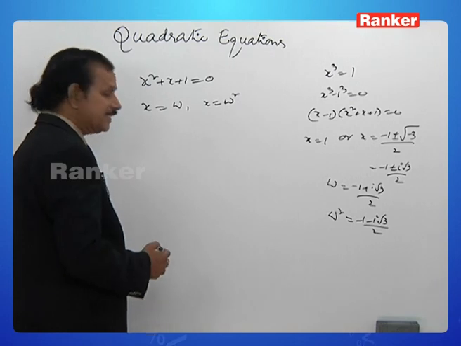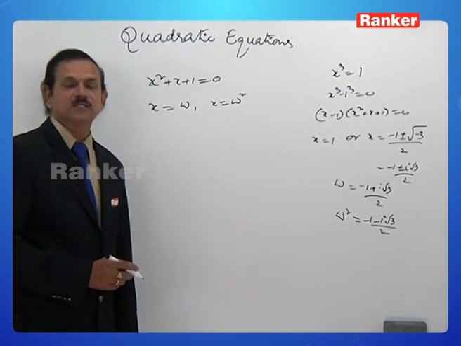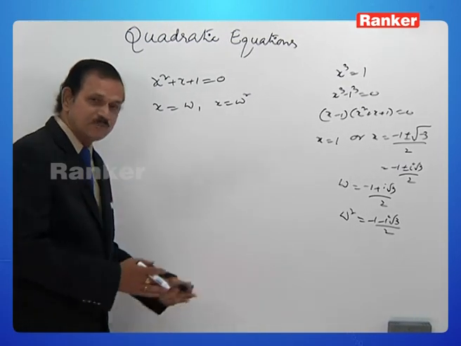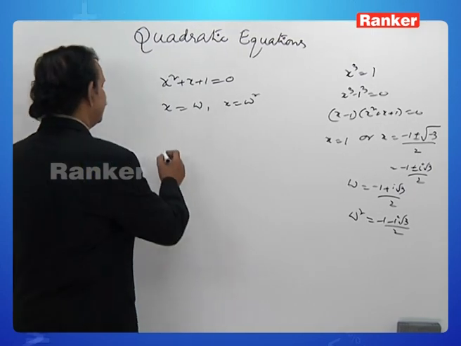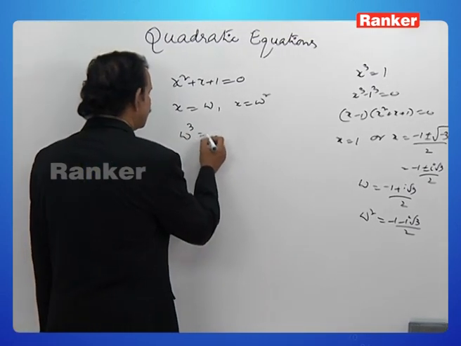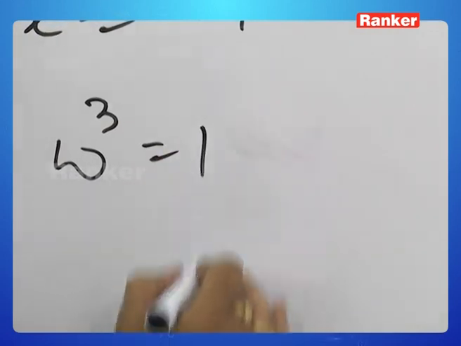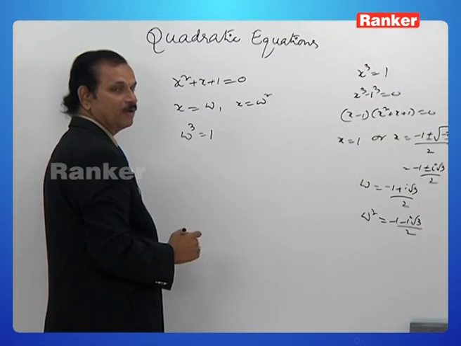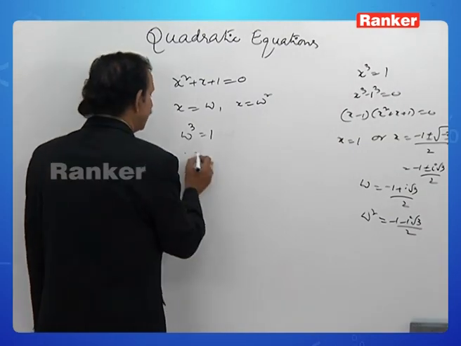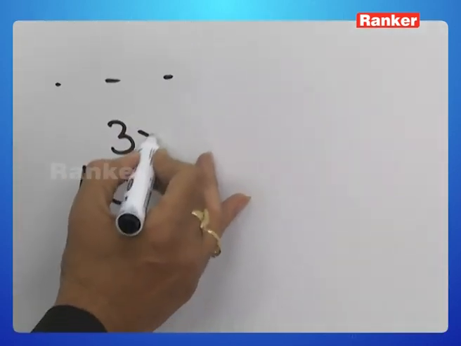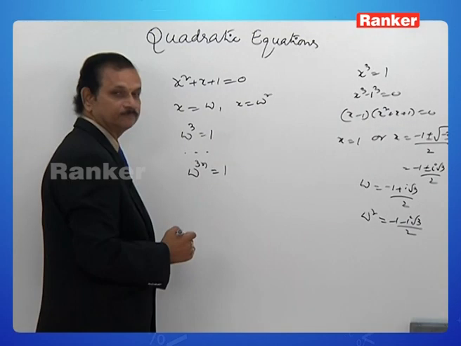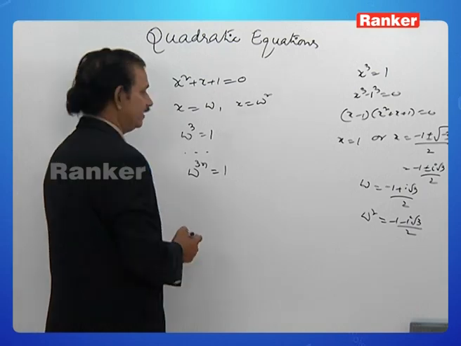Moreover, here of special interest is the case to use the properties of omega, that is omega cube is equal to 1, omega power 6 is equal to 1, omega power 9 is equal to 1. In general, omega power 3n is equal to 1 for any integer n.